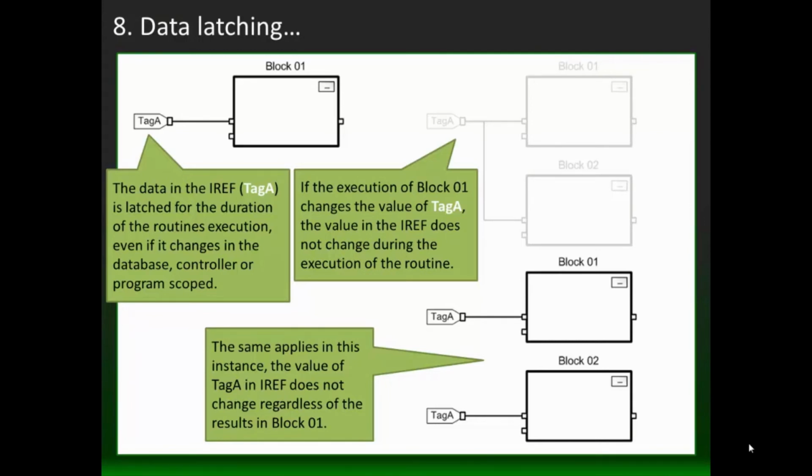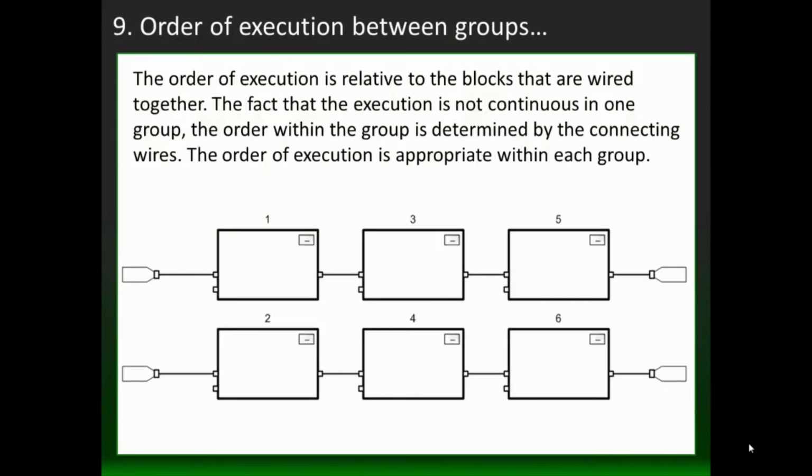In ladder logic, this is not true unless you buffer the inputs. You would have to buffer the values to hold them at one value for the duration of the execution of the ladder logic diagram routine. The order of execution is relative to the blocks that are wired together. The execution is not continuous in one group; the order within the group is determined by the connecting wires.